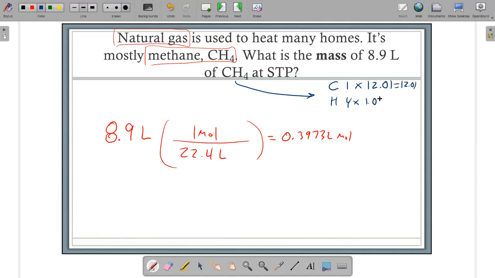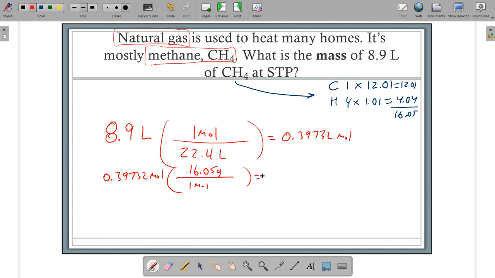Hydrogen is 1.01. So that's 16.05. Once you know the number of moles, then you can convert from moles to grams. I left some extra significant figures because that's an intermediate step, but every mole has a mass of 16.05 grams.